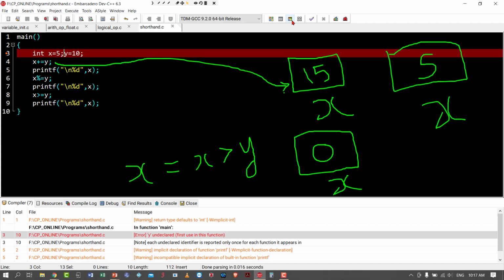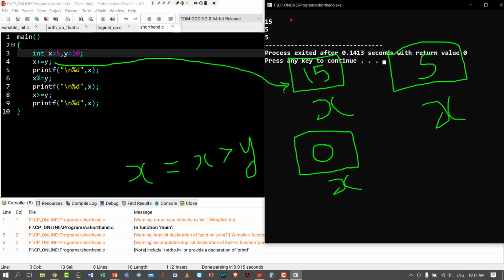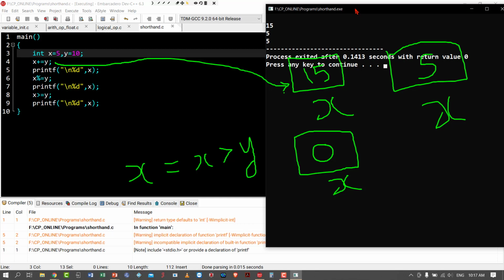There is one error here. It is comma actually. So here I'm getting output as 5.